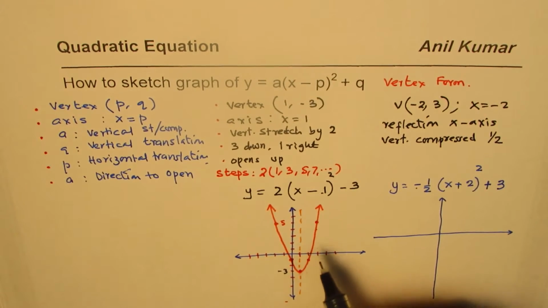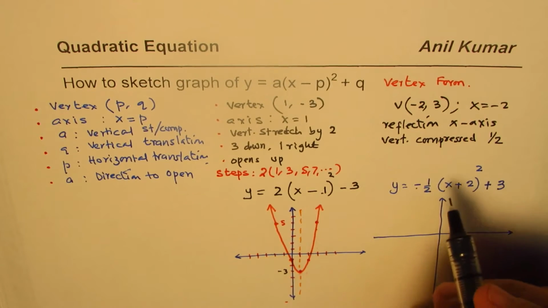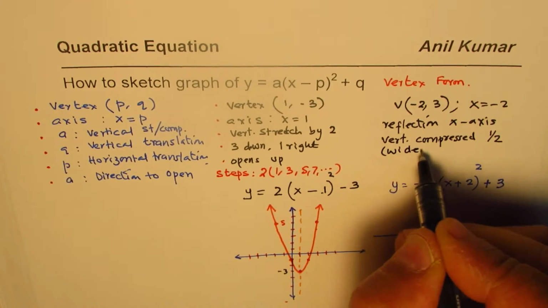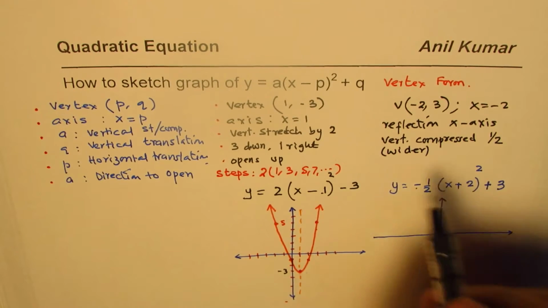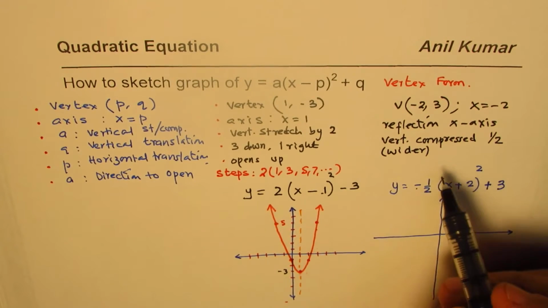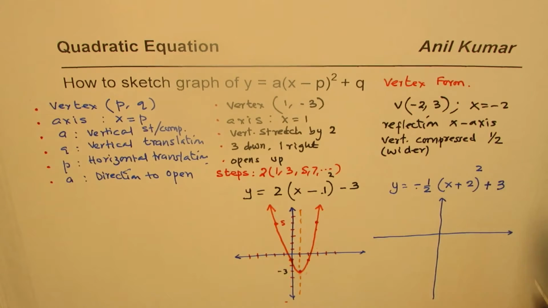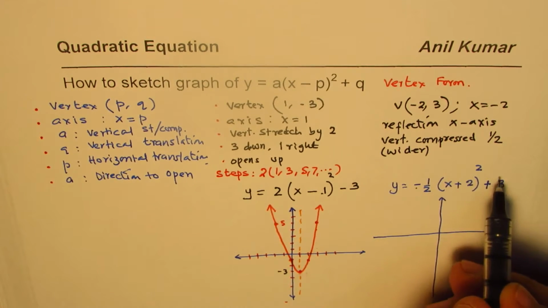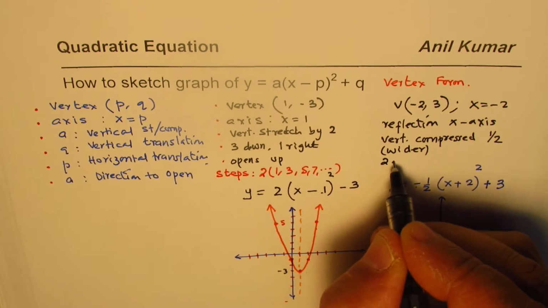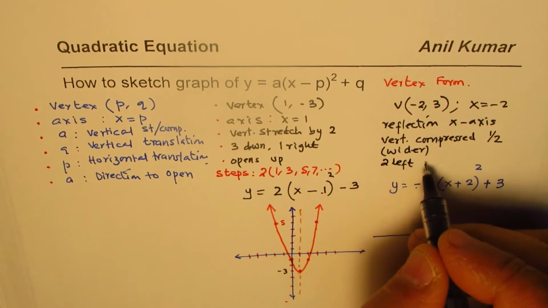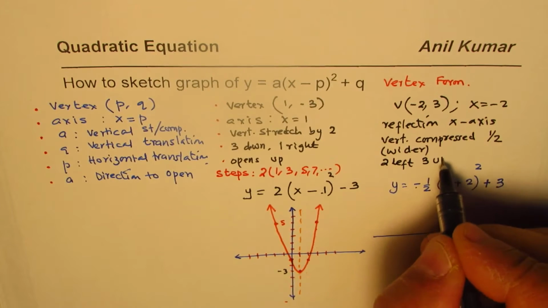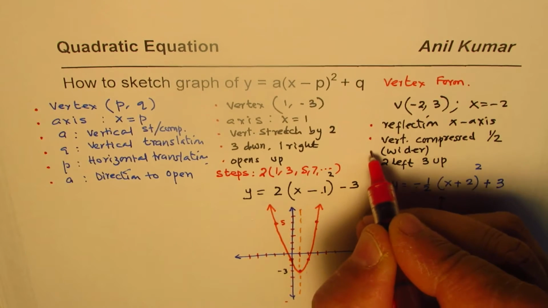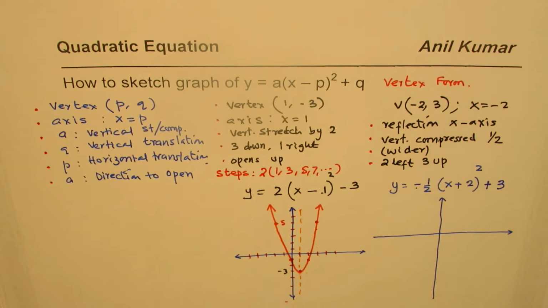So it will seem as if the graph becomes wider. That one was narrower because it was stretched, pulled upwards, right? Vertically compressed, right? And translations are 2 units left, 3 units up. So these are the transformations which take place to the graph of y equals x squared.